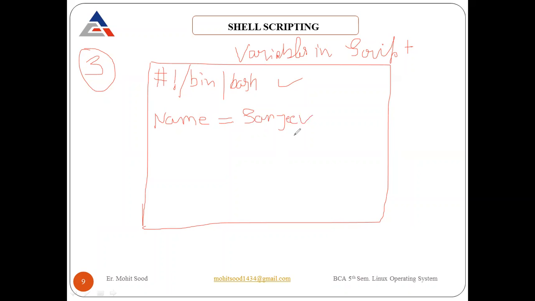Name is equal to Sanjeev. Then age, for example, 25. These are my variables. Right now I'm using variables in this program. So this is my program, variables in script.